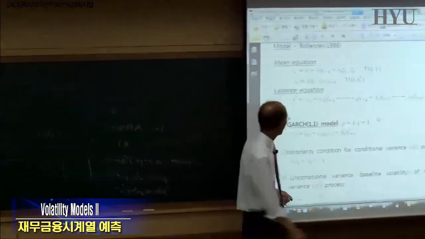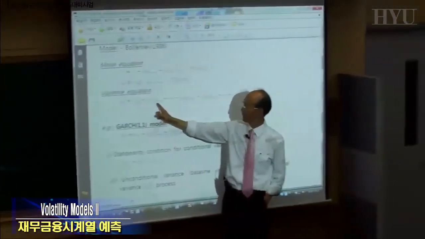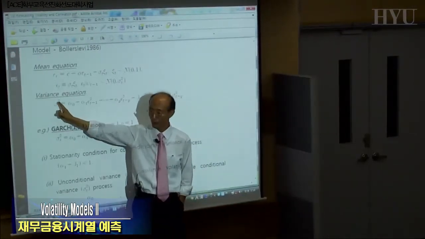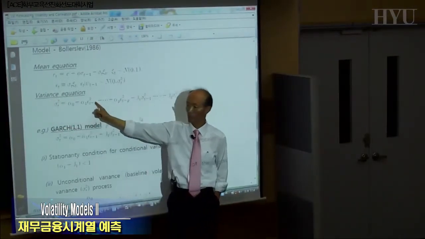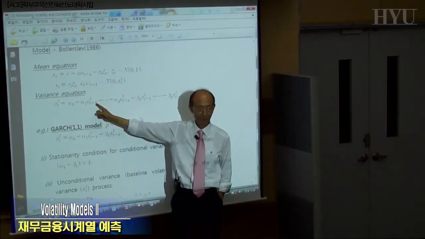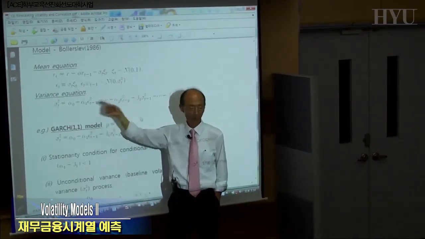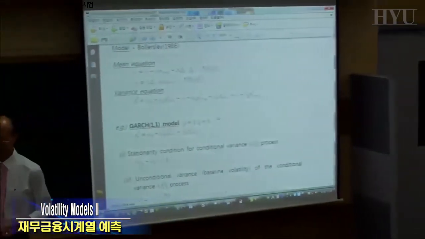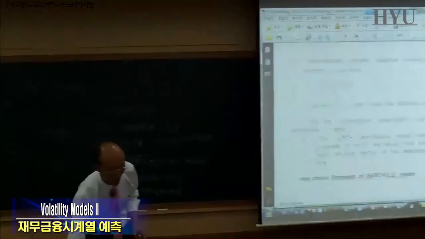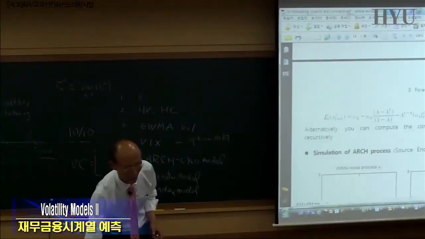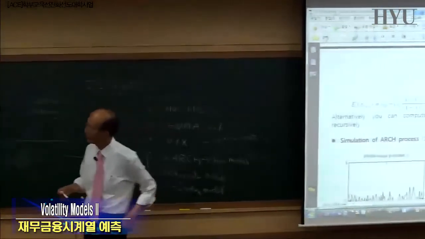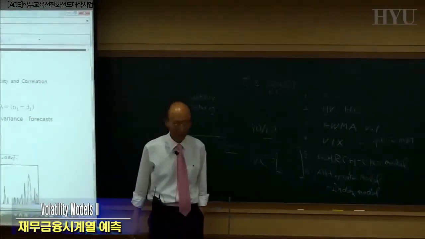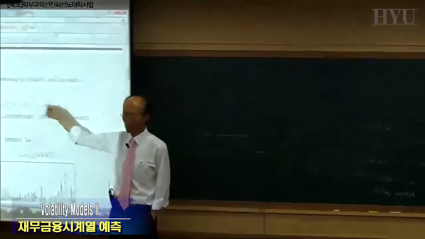So if you don't know the value at t plus 1, sigma t plus 1 squared is the natural value, the guess value, right? So you can recursively calculate the forecast, right? You don't have to memorize this formula, but just in case, if you want to calculate the k-step ahead forecast, well, here's the formula.